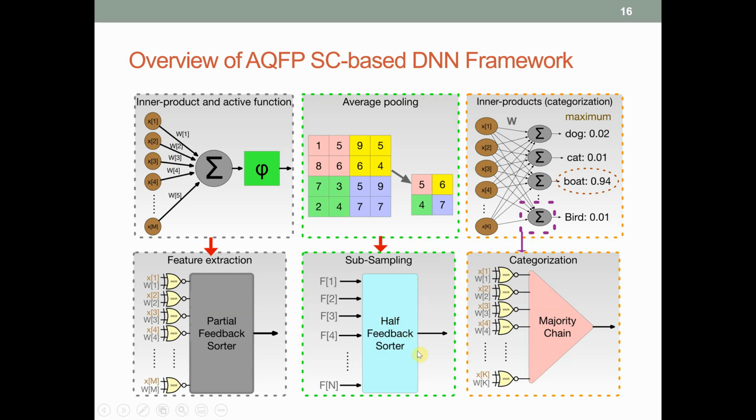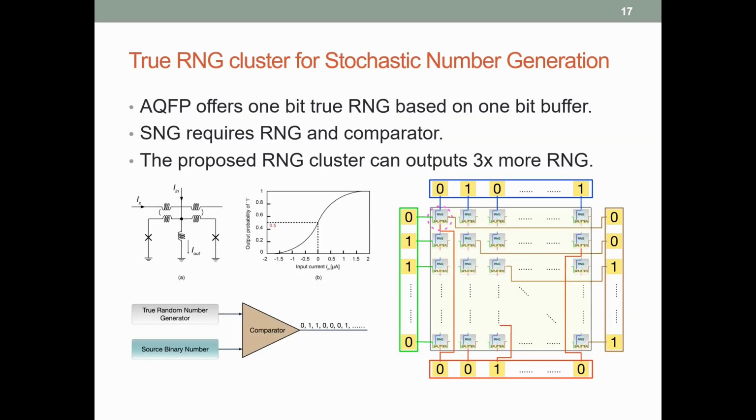Previously, we already illustrated the placement and routing results for the sorters. And for the final fully connected layers for classification, we are using this majority chain-based structure, which is majority-based and also very suitable for the AQFP technology.